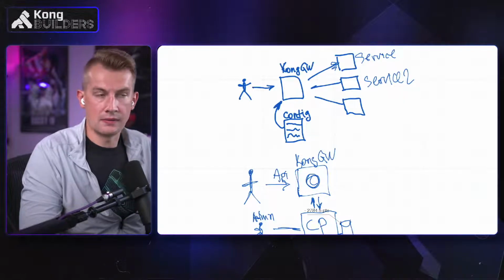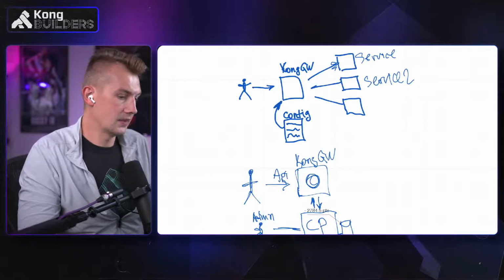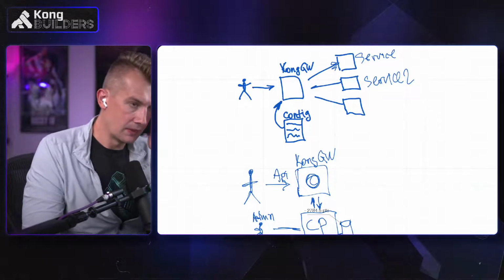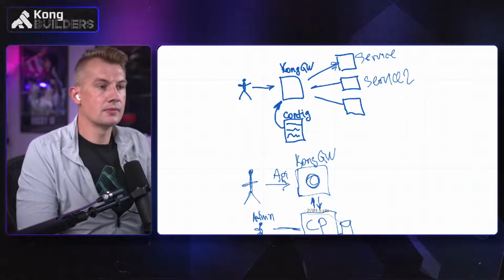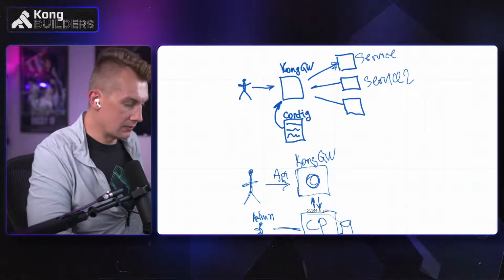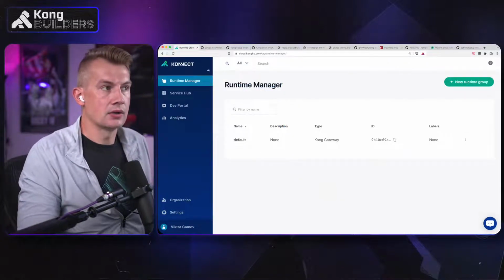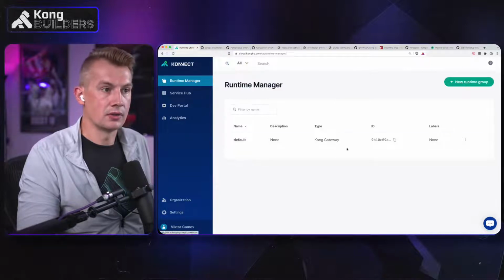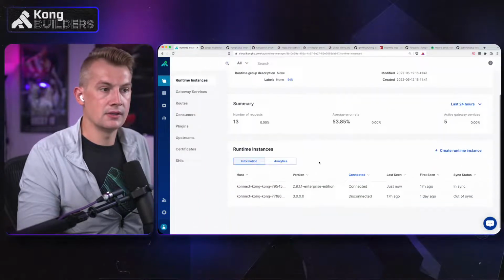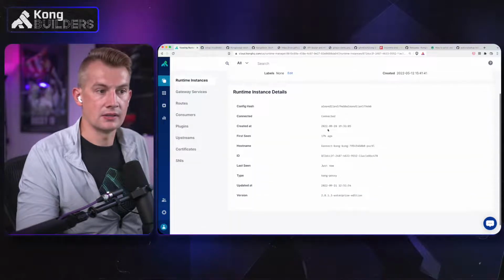I want to have everything in the cloud personally because it's simpler and easier for me. Okay, I'm not showing this to you. So that's Kong Connect, and it will be responsible for configuring my Kong. And my actual Kong is deployed somewhere in Kubernetes. This is my version of Kong Enterprise that's running in Kubernetes.